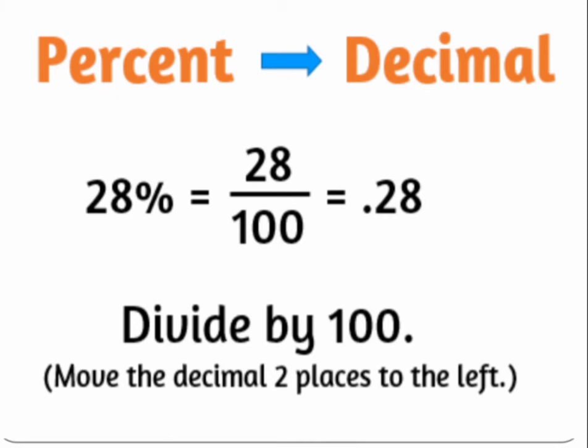When we write it in the fractional form, it will become 28 upon 100, and in the decimal form, it will become 0.28. Here we have divided it by 100, so it moves the decimal 2 places to the left side. In this way, we are going to convert a percent into a decimal form.